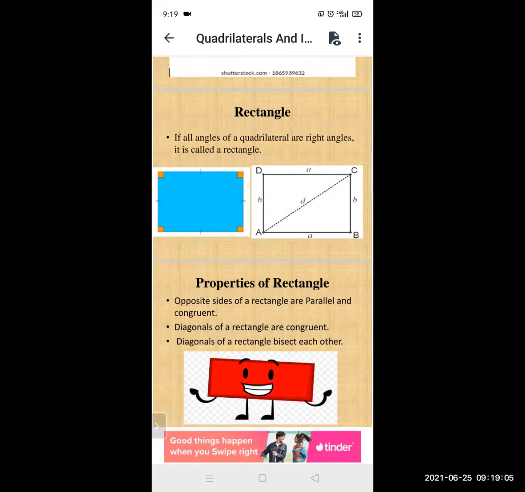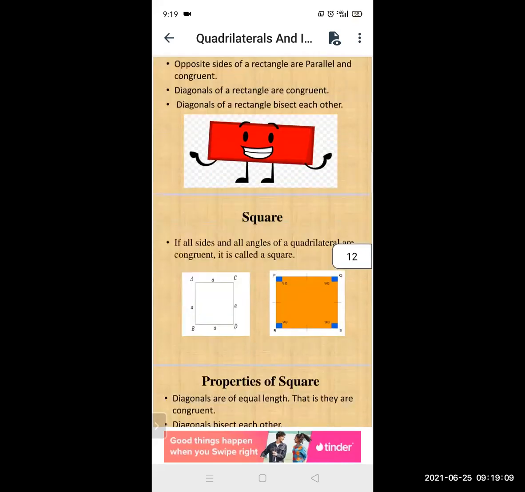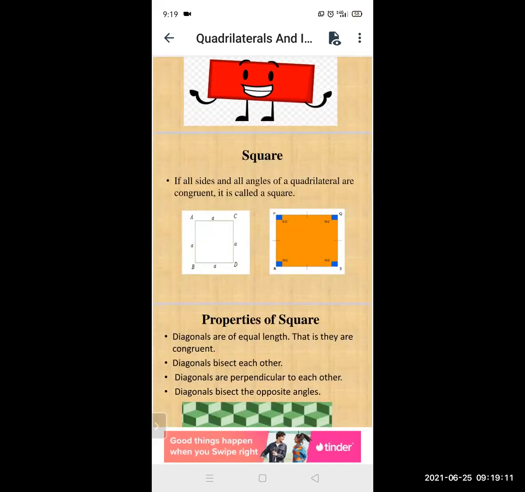They are parallel and congruent also. Opposite sides are congruent, and here in a square all the sides are congruent. All the sides are congruent. This is the main and basic difference. Otherwise there is not such a big difference between square and rectangle.